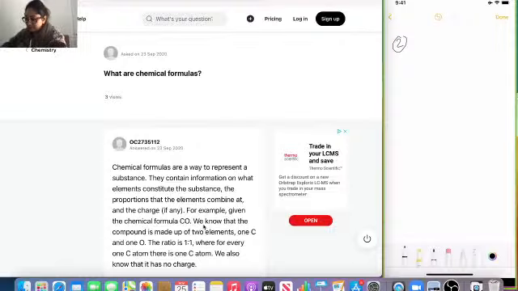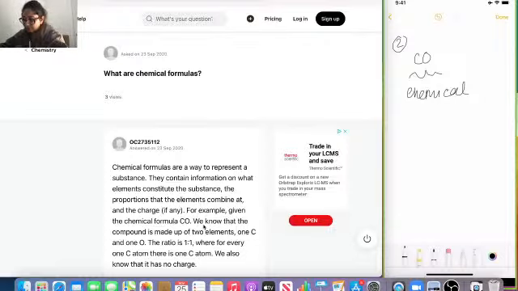It comes from a balanced equation. For example, here we are given the chemical formula of carbon monoxide, CO. This is a chemical formula. It makes up a compound.